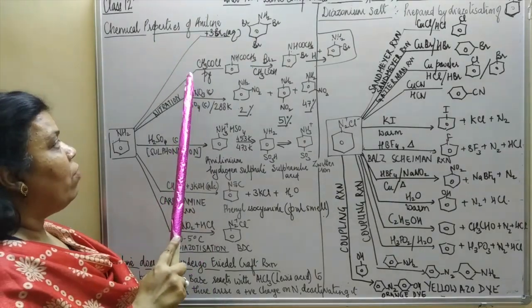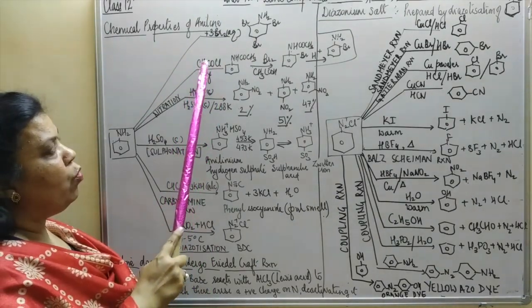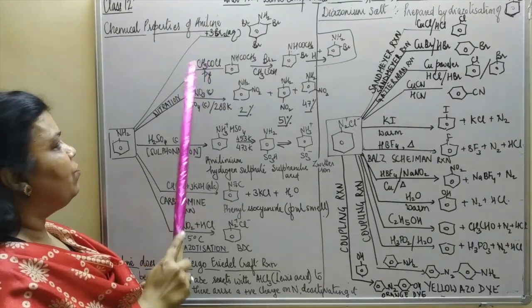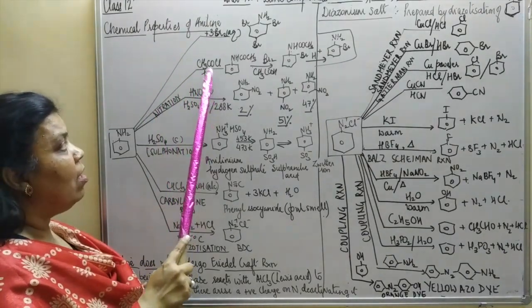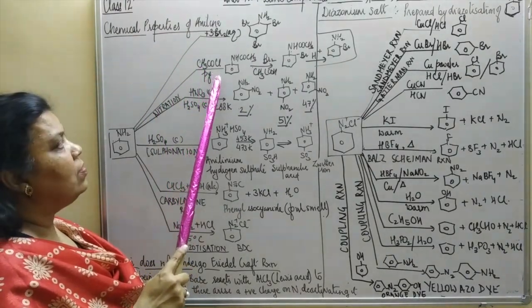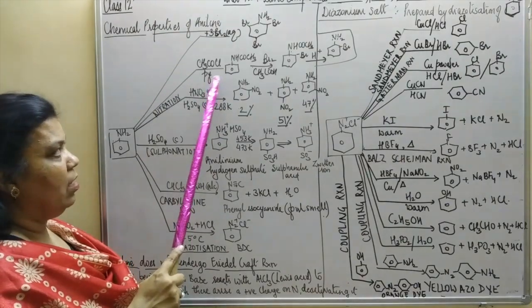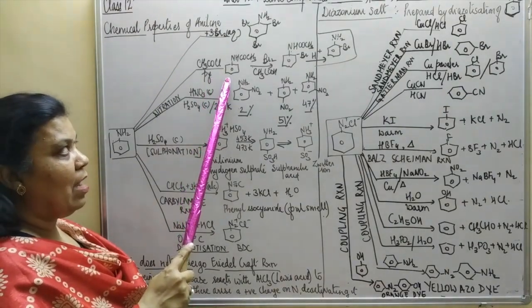So for forming the mono-bromo derivative, we need to subject aniline to acetylation by treatment with CH3COCl in the presence of pyridine, so that it forms acetanilide.